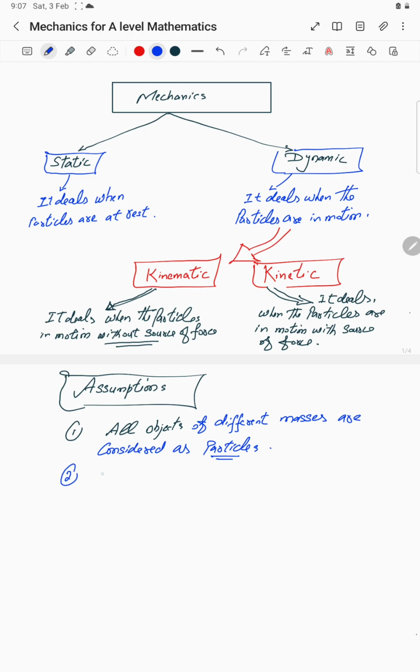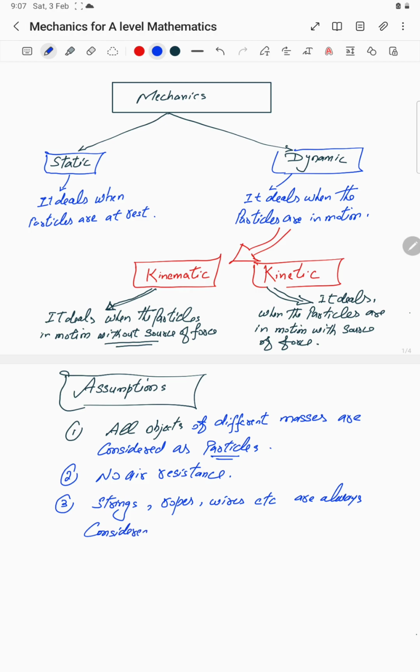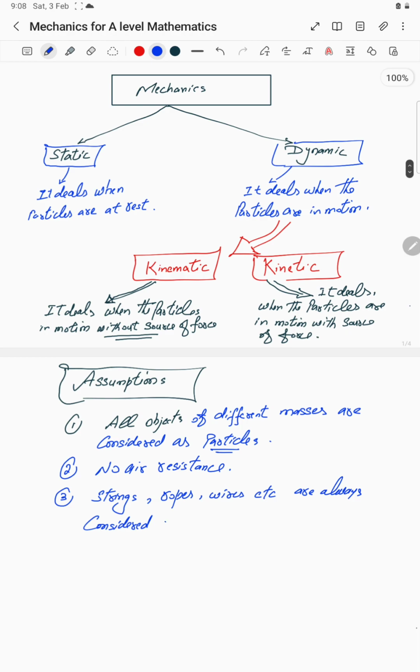Number two, you need to keep in mind that there will be no air resistance. The third one, strings, ropes, wires, etc. are always considered to be massless here in mechanics.